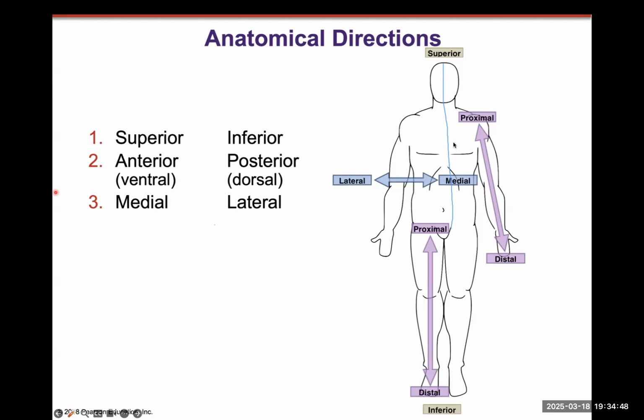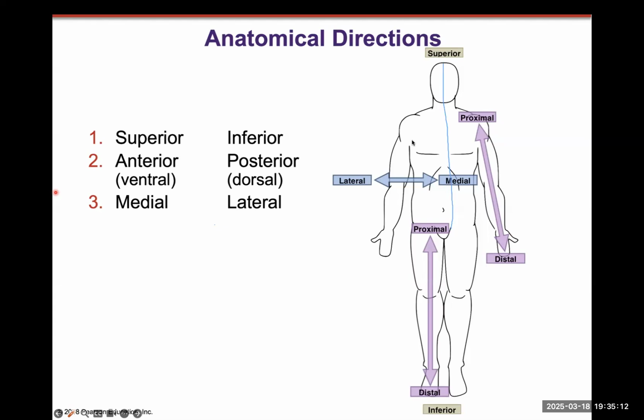So maybe your heart is going to be medial to this line compared to anything that's maybe right here, maybe the arm. So anything that's near the line is medial compared to anything that's away from the line. And anything that's away from the line is called lateral.